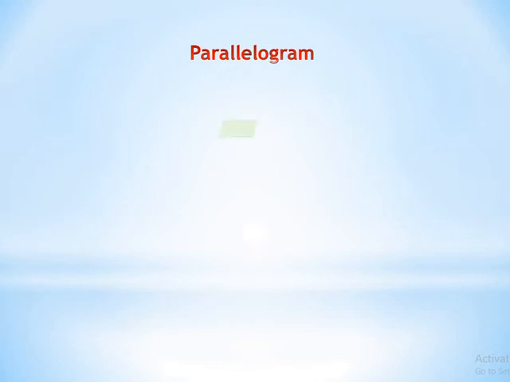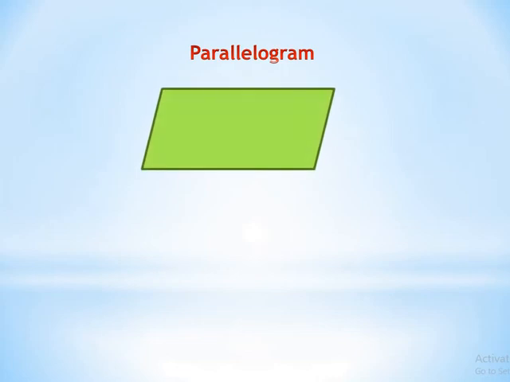Let's see the properties of the parallelogram. We know that a parallelogram has four sides, four angles, and four vertices. I have a parallelogram like this.